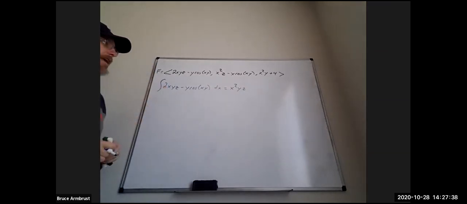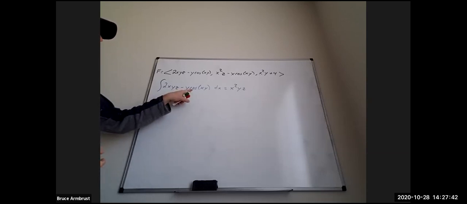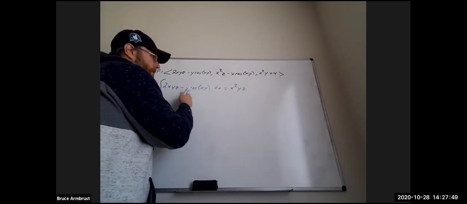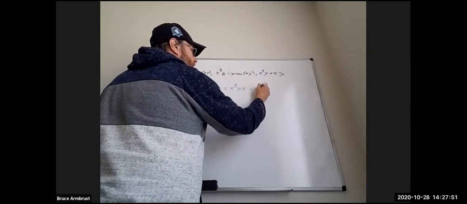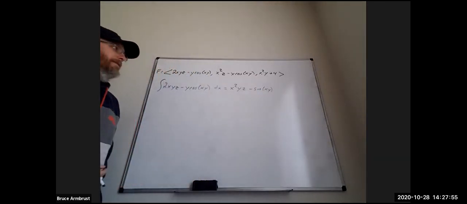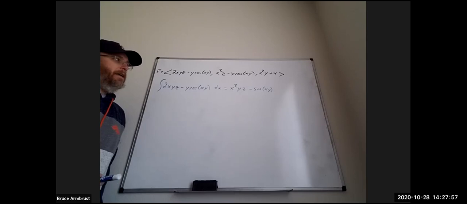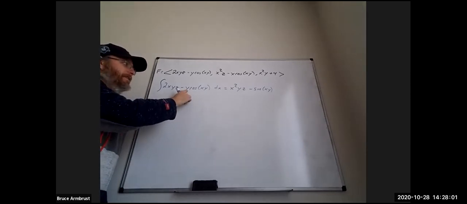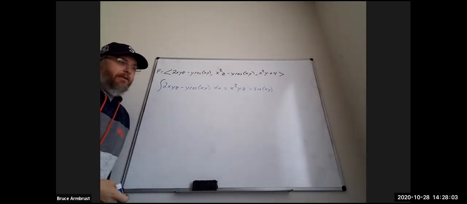So that piece is going to give us x squared yz. Integrating cosine, we're going to get sine. There's going to be a minus, so we're going to get a minus sine of xy. And that y gets canceled out from the u substitution.